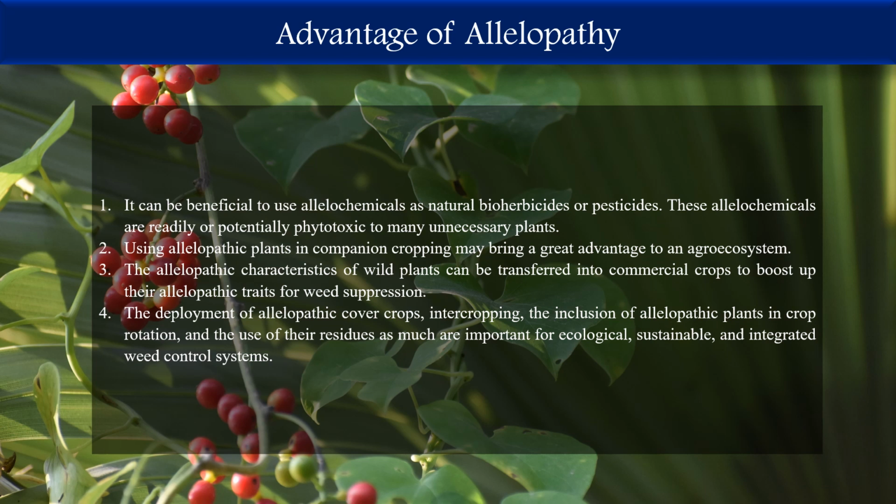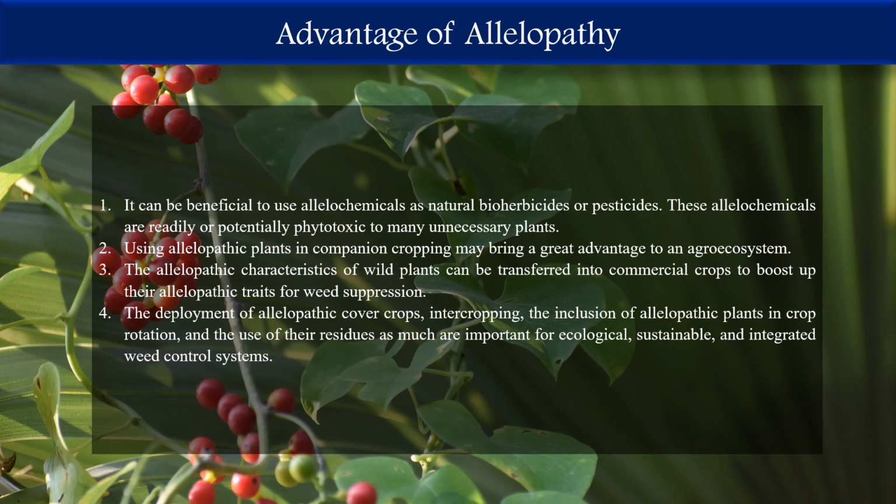And because it is a weed itself, it does not allow the growth of other weeds. Then proper use of allelopathy can result in reduced use of pesticide and herbicide, and it can also be used for intercropping and crop rotation. So these are some pros of allelopathy.